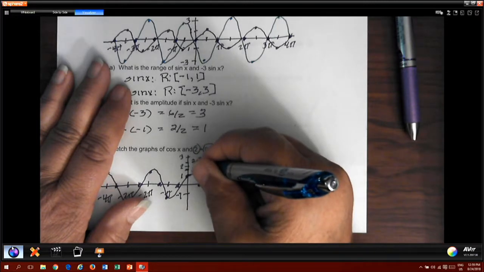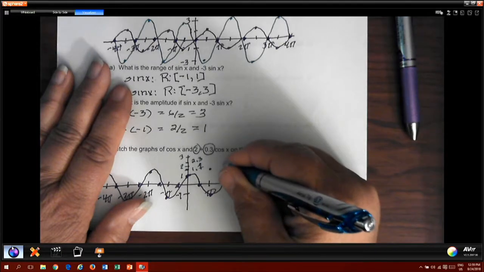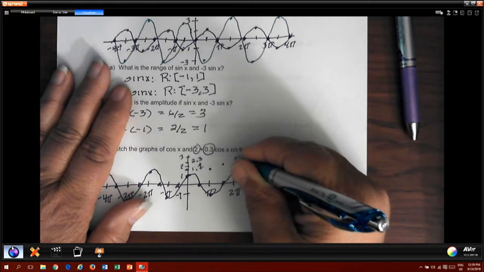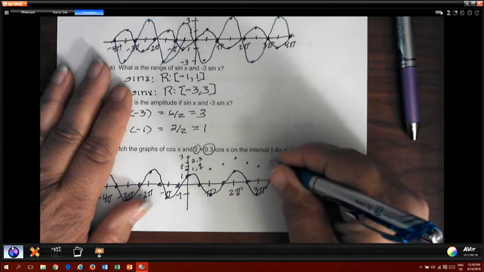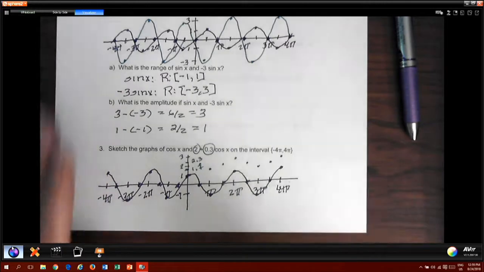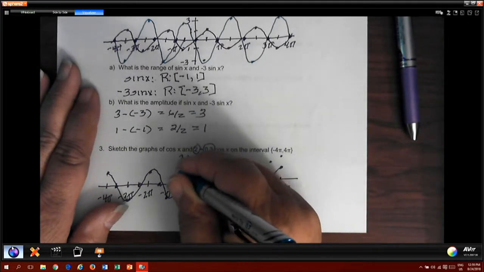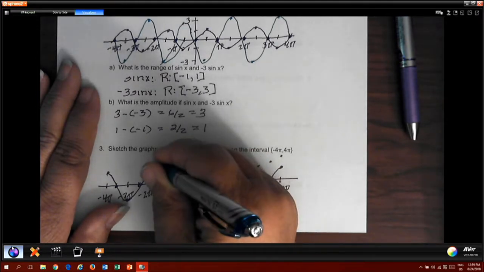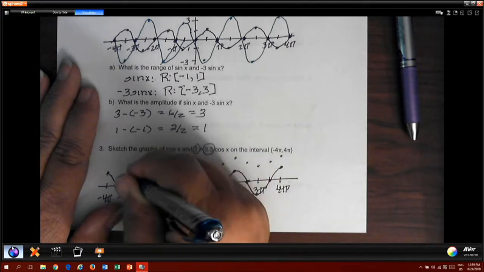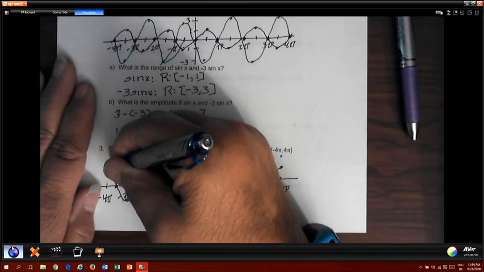So we're going to start at 2.3, come to 2, down to 1.7, back to 2, back to 2.3, back to 2, down to 1.7, back to 2, back to 2.3. So we have something like this.